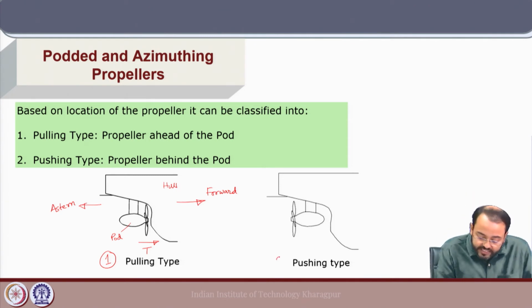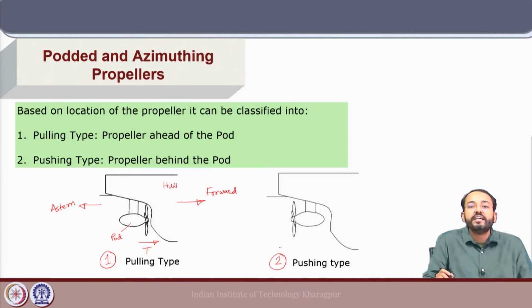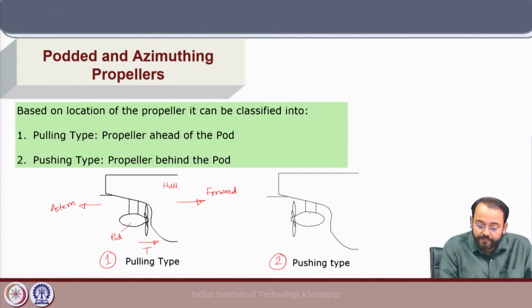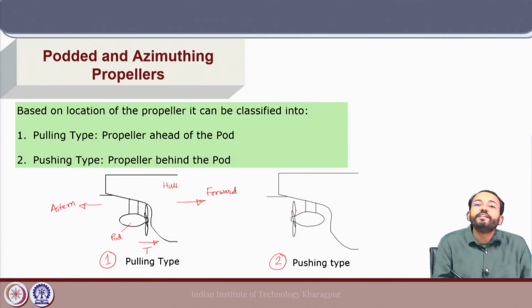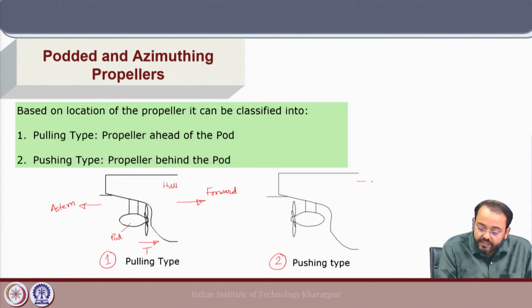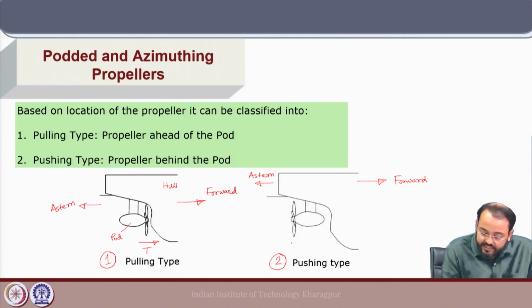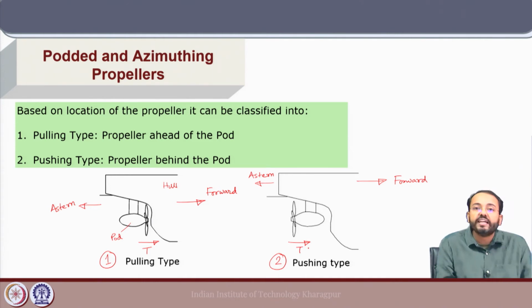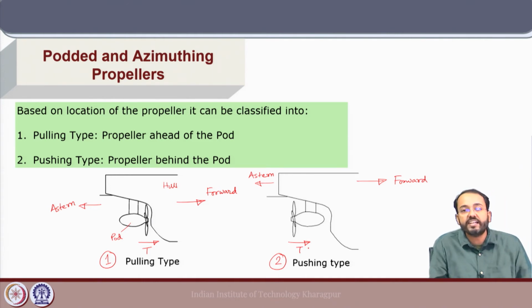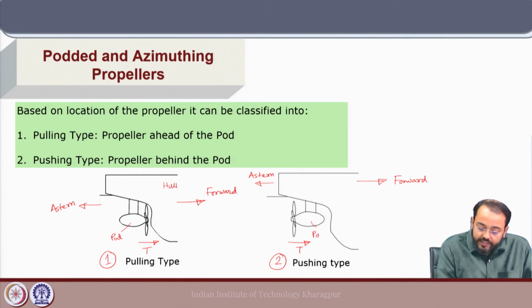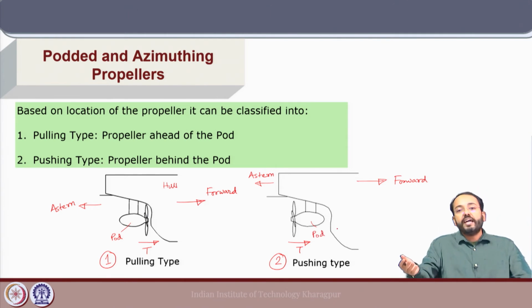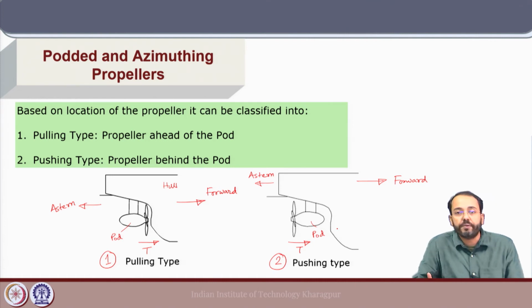And for the type 2, which is the pushing podded propeller, the propeller is fitted behind the pod. Again, we have the forward direction and astern direction of thrust, and this thrust generated by the propeller is pushing the pod ahead because the pod is located forward of the propeller.